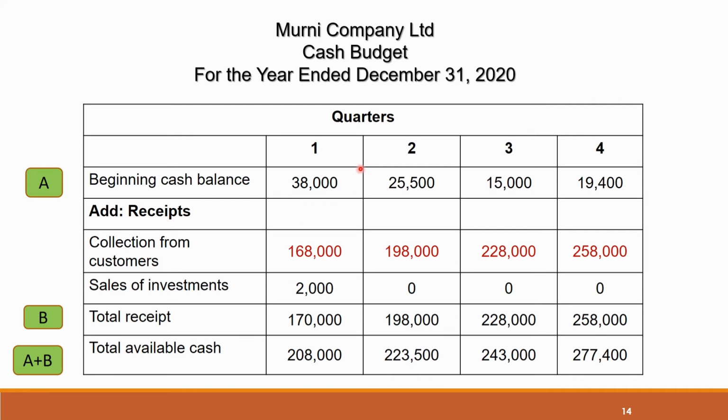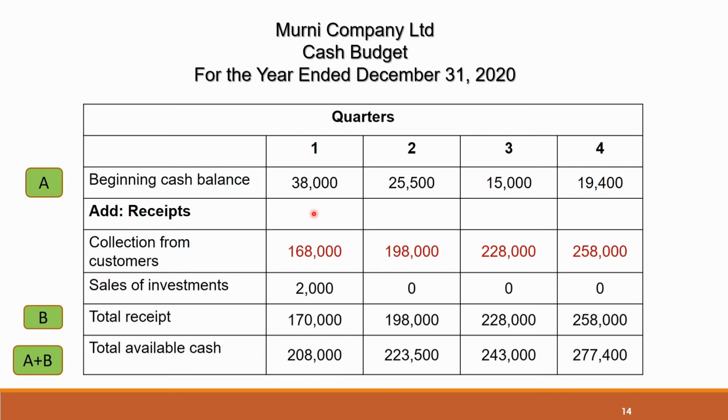The first one given in the question, beginning cash balance 38,000, and this figure we get from the ending balance of the first quarter carried forward to the second quarter, and this amount we get from the ending balance of the second quarter carried forward, and it becomes the beginning cash balance for the third quarter, and this one we carry forward from the ending balance of the third quarter, and you get 19,400.